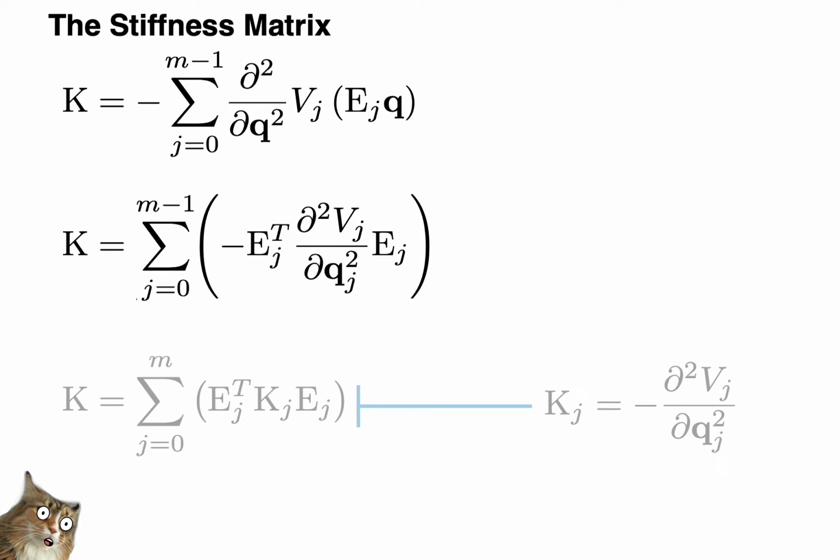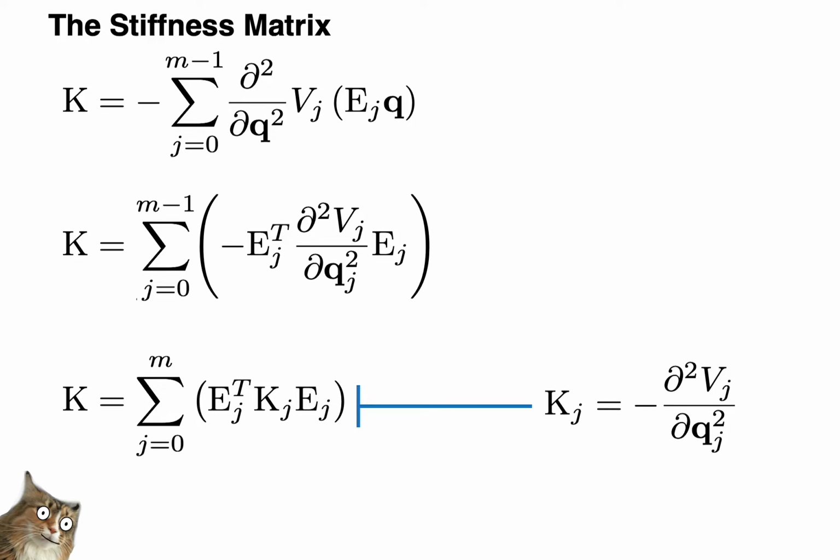We can simplify this a bit more by introducing the per spring stiffness K sub j, which clearly illustrates that our global stiffness matrix K is assembled from these per element K sub j stiffness matrices.